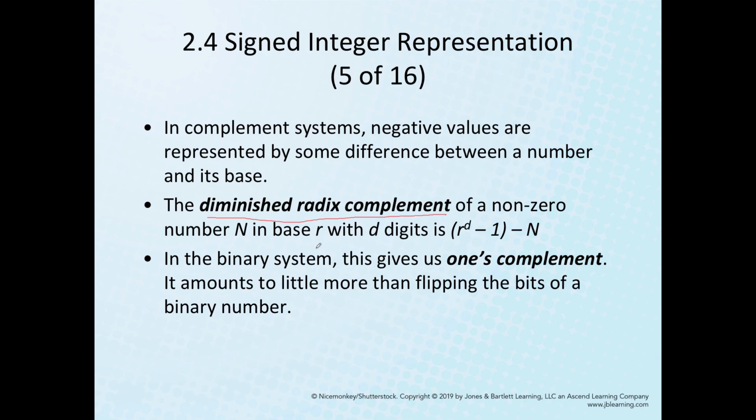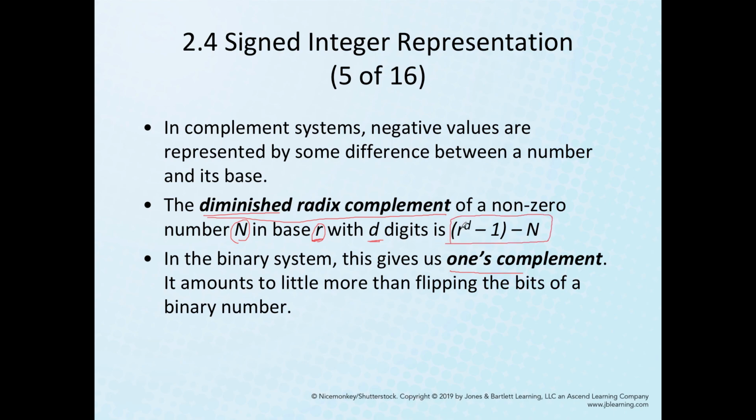In binary, this is known as ones complement, but the generalization is called diminished radix complement. It's defined as follows. For a number n in base r, the radix, so in binary this is 2, and d the number of digits, then negative n is represented by this formula.